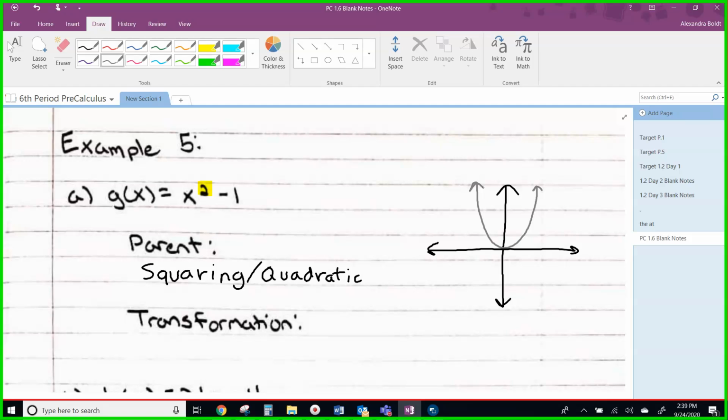We should have these kind of pictures memorized of what they are. That was section 1.3, or parent function section. Okay, so what's our transformation? What's changed from what our traditional parent function is? Well, this says x squared minus 1. This minus 1 is very different.